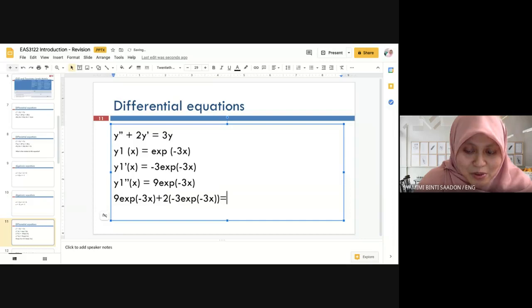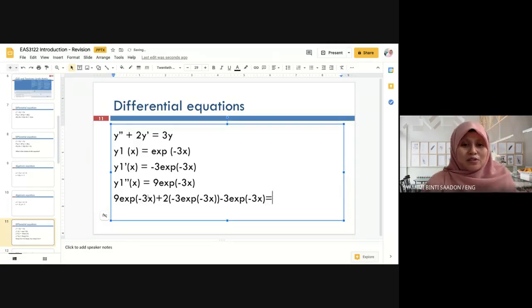So equals to 9 minus 9, so 0. So exponential minus 3x is a solution, not the only solution, but one of the solutions for this type of differential equation.